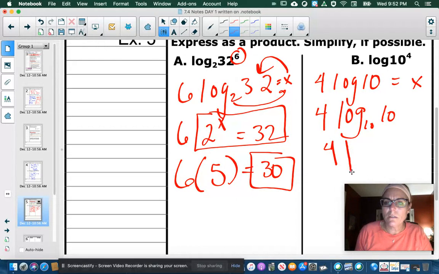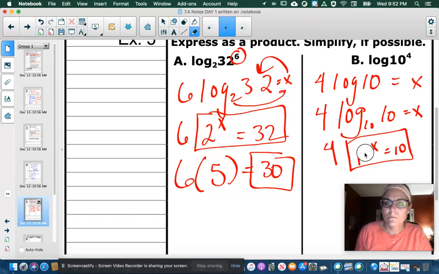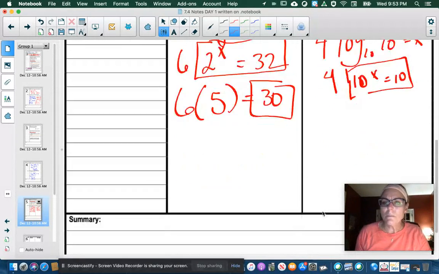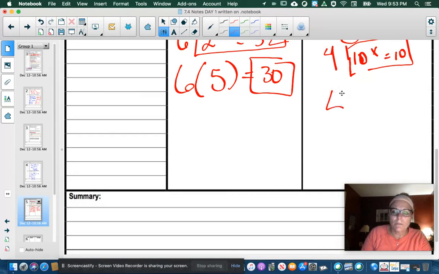All right. So we have 10 to what power equals 10? That's 1.